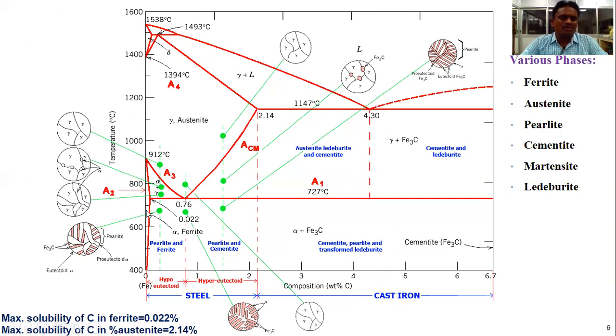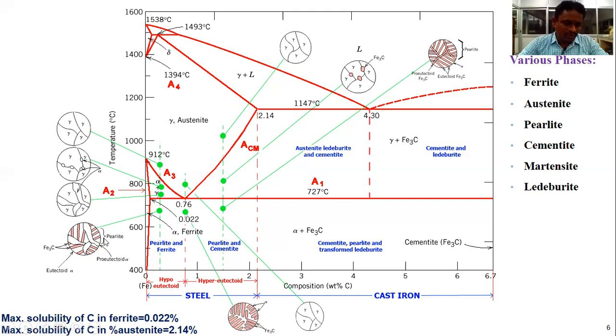Those are alpha iron and gamma iron. Alpha iron is stable below 912 degrees centigrade, and is also called ferrite. Ferrite is an interstitial solid solution of carbon dissolved in iron. The maximum solubility of carbon in alpha iron at room temperature is 0.008 weight percentage of carbon.